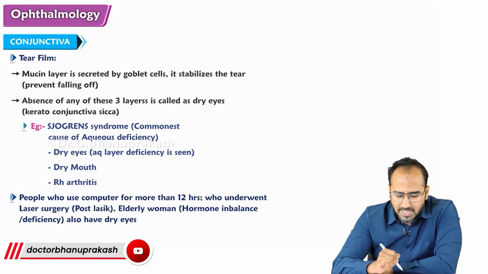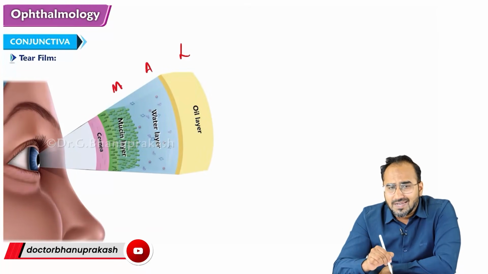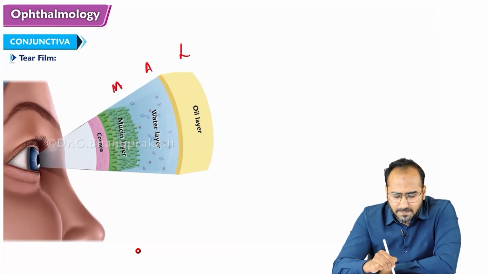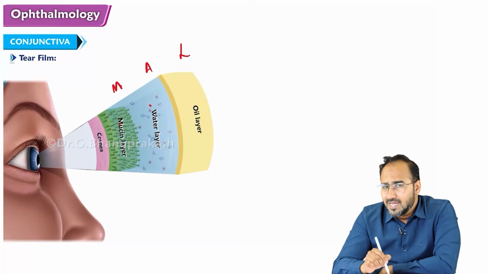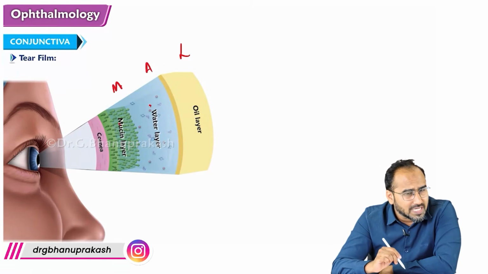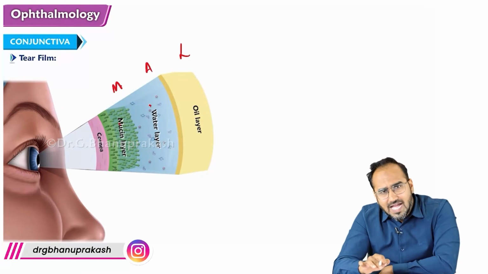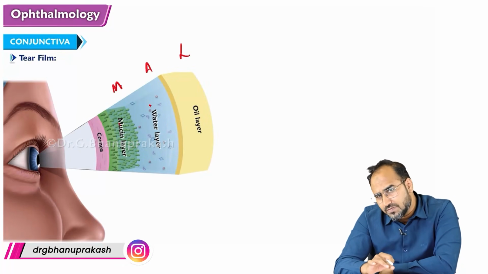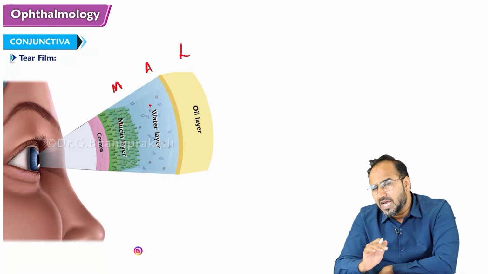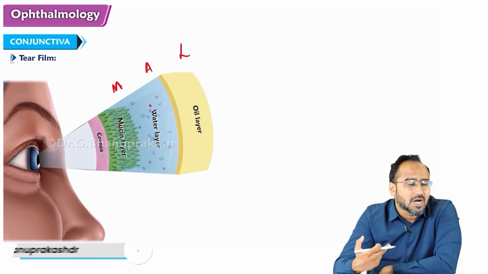So guys, remember, if any one of the 3 layers is absent, if lipid, aqueous or mucin is absent, it leads to a condition called dry eyes. Dry eyes are seen due to deficiency of any of these 3 layers, or sometimes there might be other underlying causes, such as the presence of Sjogren's syndrome.